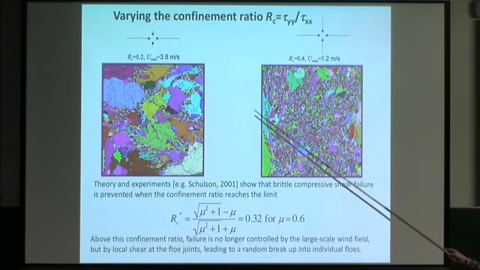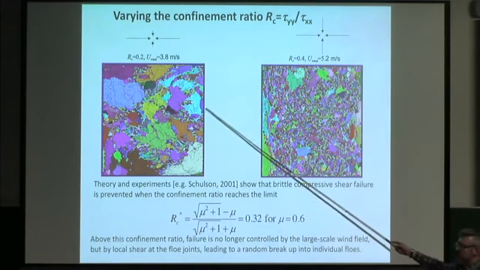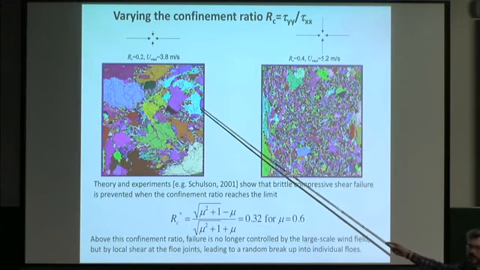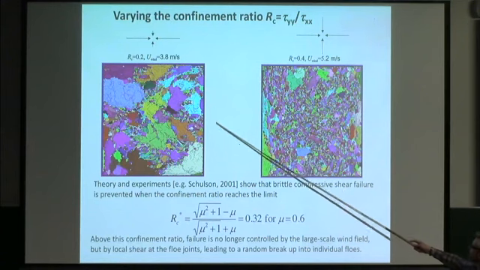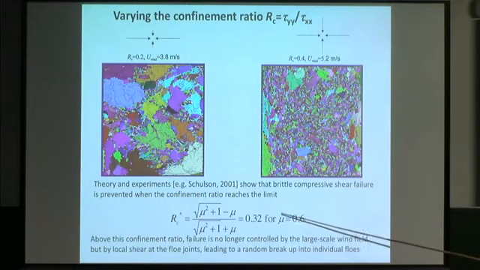For the ratio beneath this critical value, you do have failure which is largely Coulombic, but may not look particularly Coulombic, but in a statistical sense it is when you look at the distribution of crack orientations. But once you exceed this critical confinement ratio, it all breaks up into bits. Okay, in our numerical experiment, all the elements break up at their edges. So we start to lose any of these coherent features.